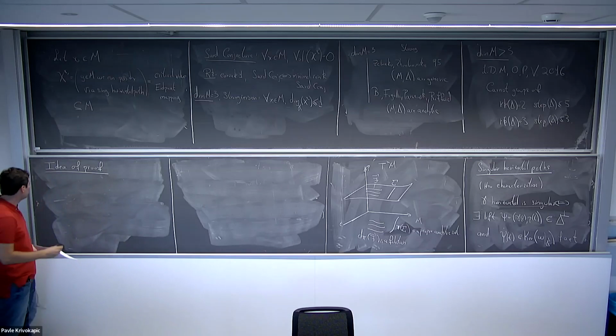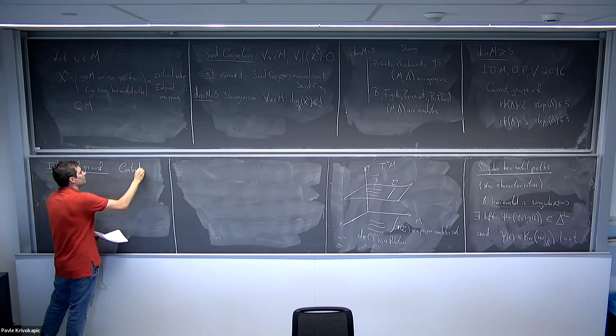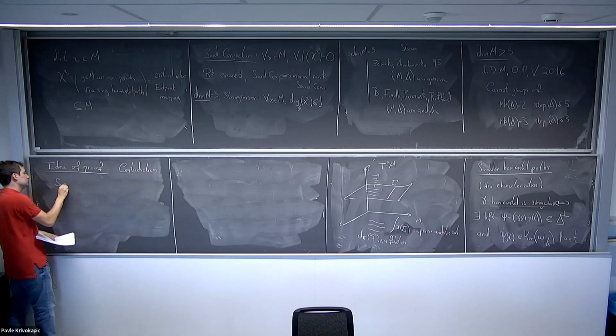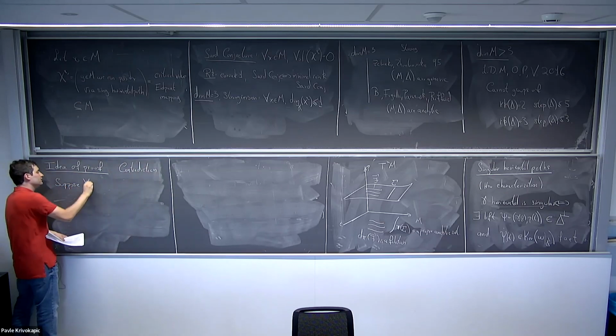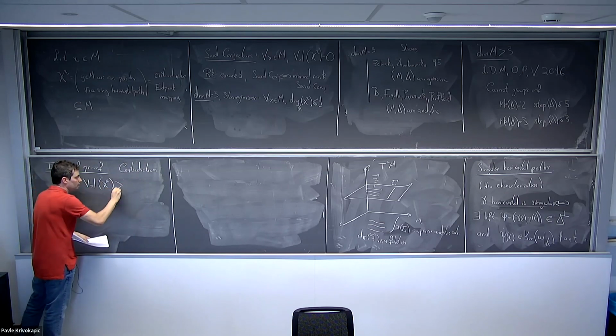So it's a proof by contradiction. So suppose that there exists some point where these guys have positive volume.